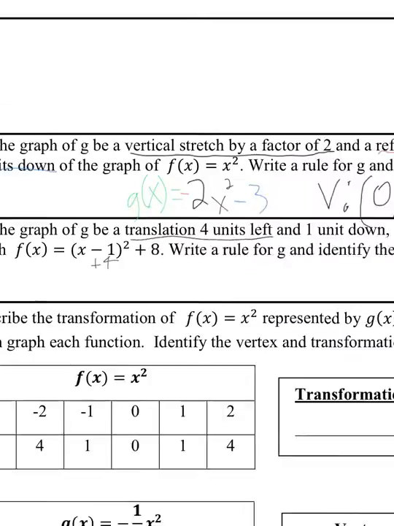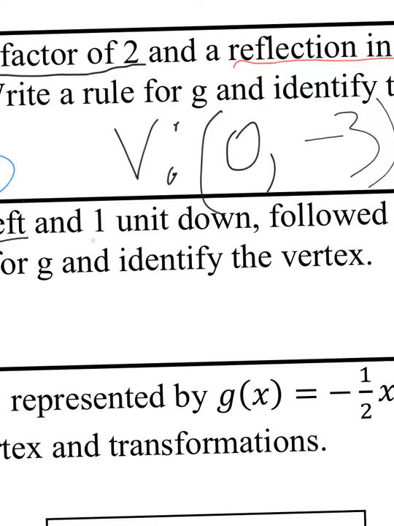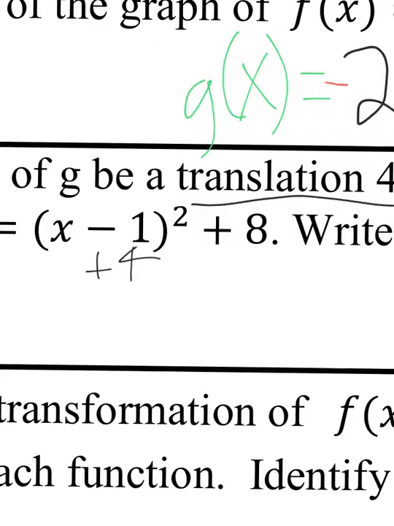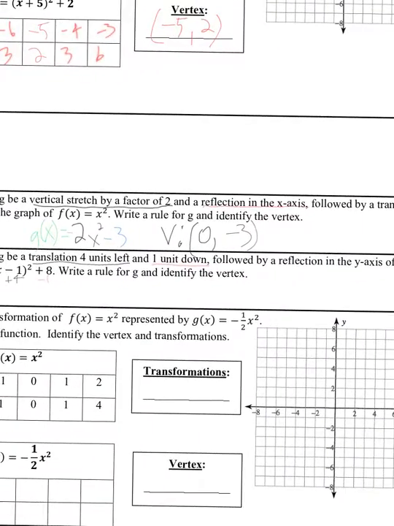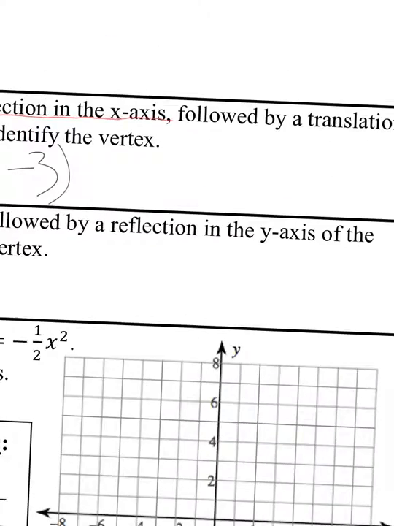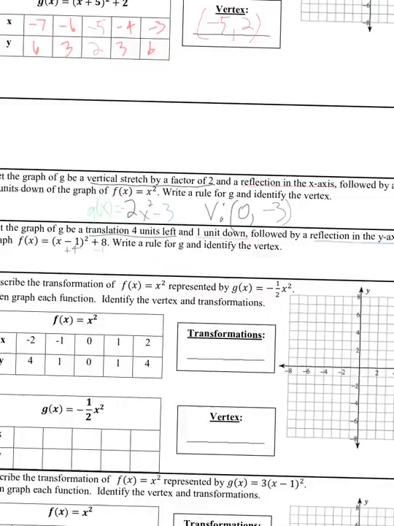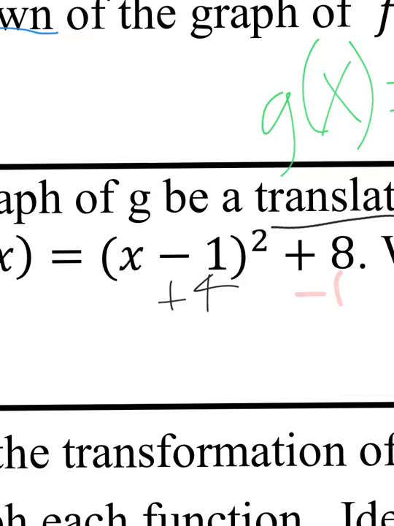Okay? 1 unit down means I'm going to minus 1, and I will do that on the outside of the problem. All right? And then followed by a reflection in the y-axis. So y-axis reflection is going to be a negative on the inside. If it were on the outside, it'd be an x-axis reflection.